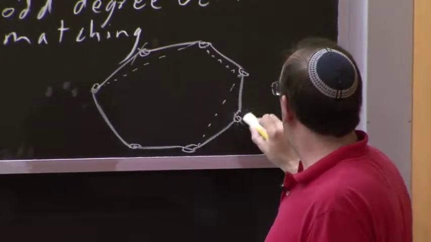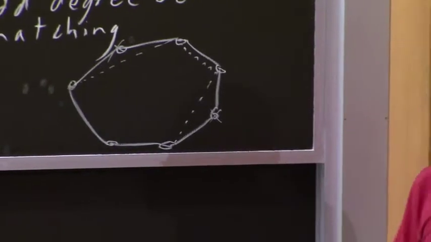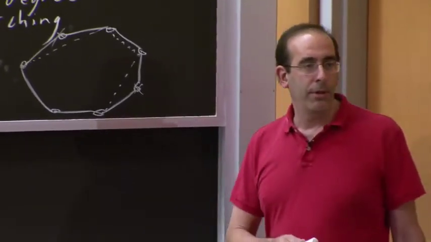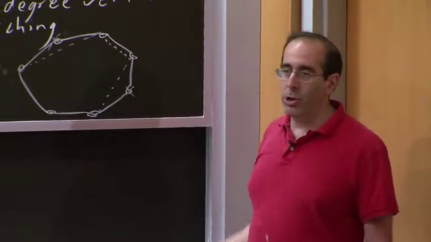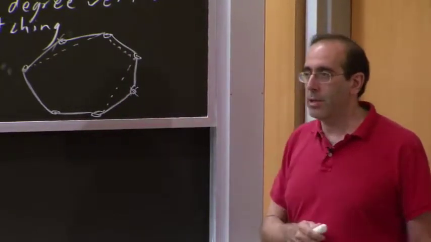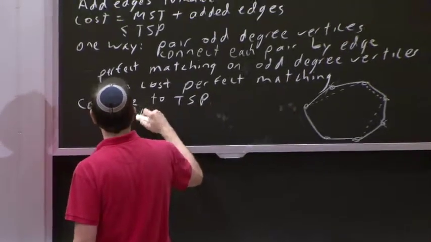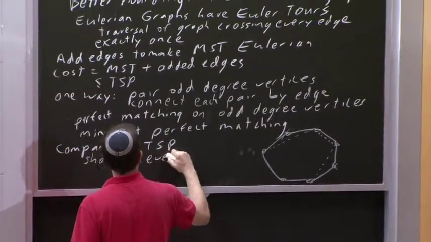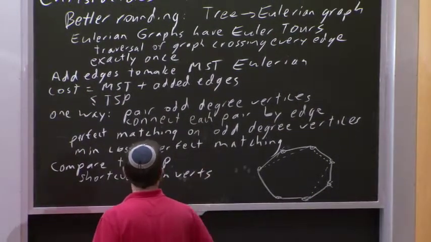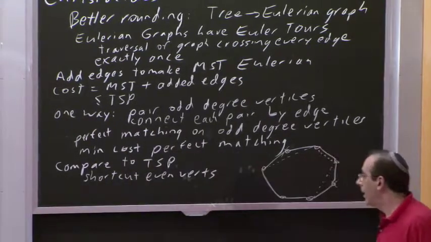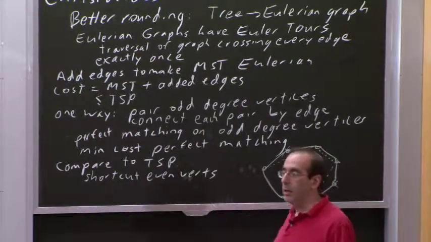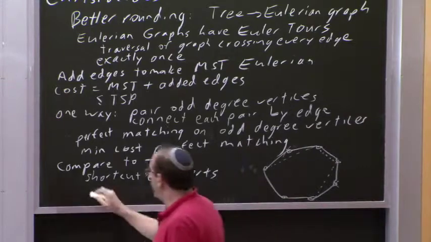So I can create a tour through the odd degree vertices. And since I've only been shortcutting, this only reduces the cost of the tour. So we're going to shortcut the even vertices, which is going to decrease the cost. And now I have a tour on the odd vertices.